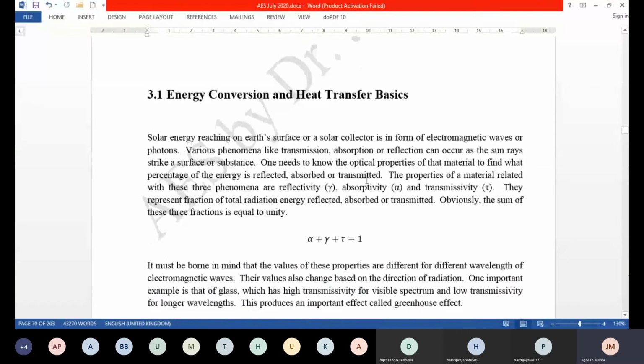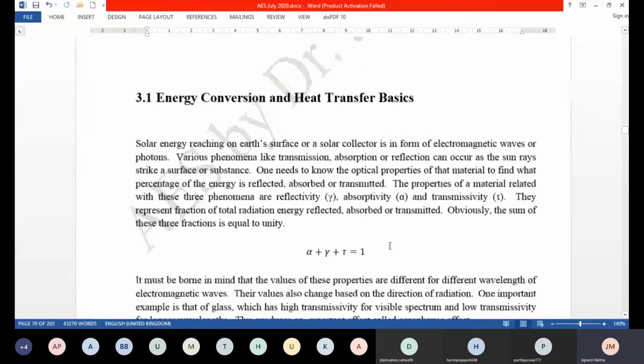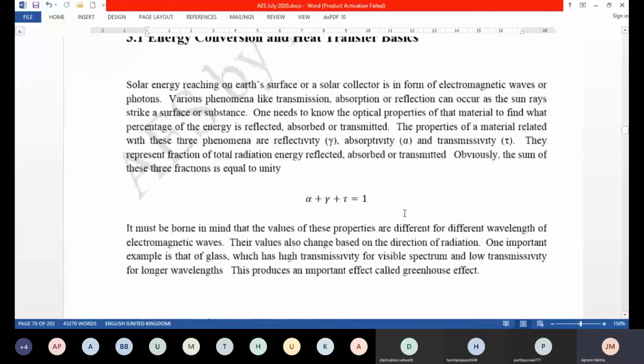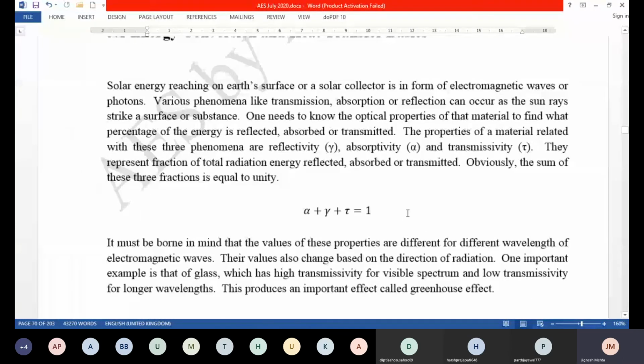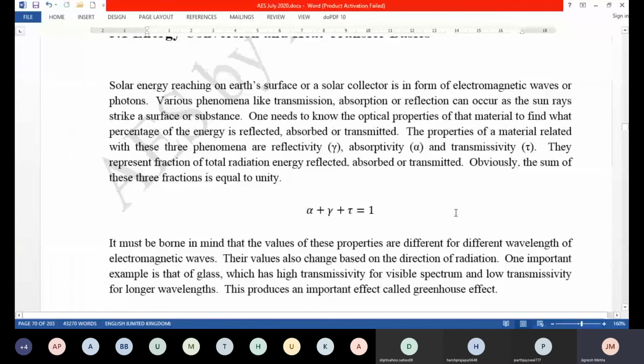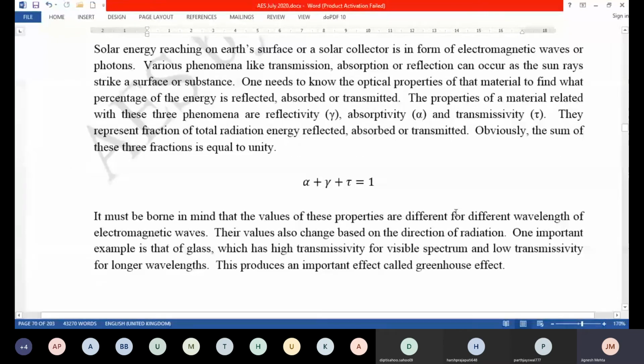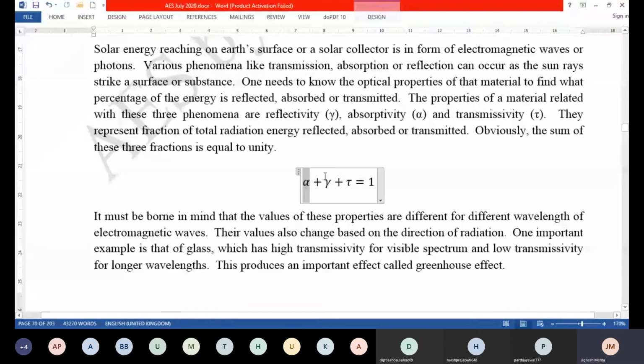Now when a solar radiation, or any radiation for that matter, strikes a surface, what happens to it? There are three things which might happen when it strikes a surface. One, a part of it gets absorbed. Second, a part of it gets reflected, and third, a part of it may get transmitted through that surface.